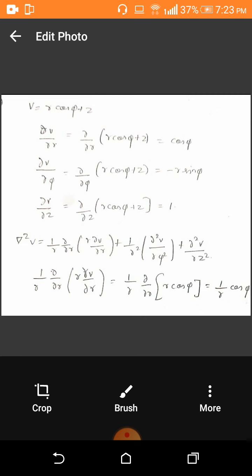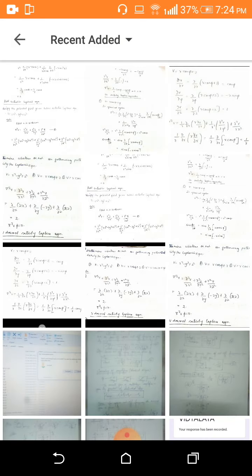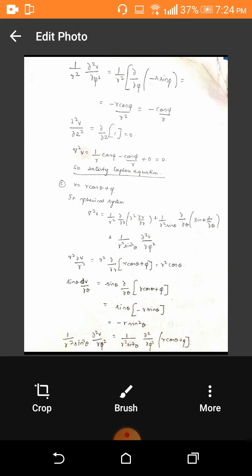Okay. So we are going to find 1 by R dou by dou R dou V by dou R. So this will be equal to 1 by R cos pi. And next what we are going to find, 1 by R square dou square V by dou pi square, and that will be equal to 1 by R square dou by dou pi into minus R sin pi.